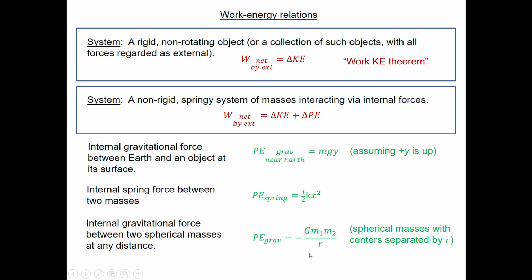And the answer is, well, let's think about our intuition that we're developing now, that if I push the book up near the surface of the Earth, in other words, if I increase the separation between my book and the Earth, I'm increasing the potential energy in the book-Earth system due to that internal gravitational force. It's the same way with this formula, although it's a little bit confusing to think about.